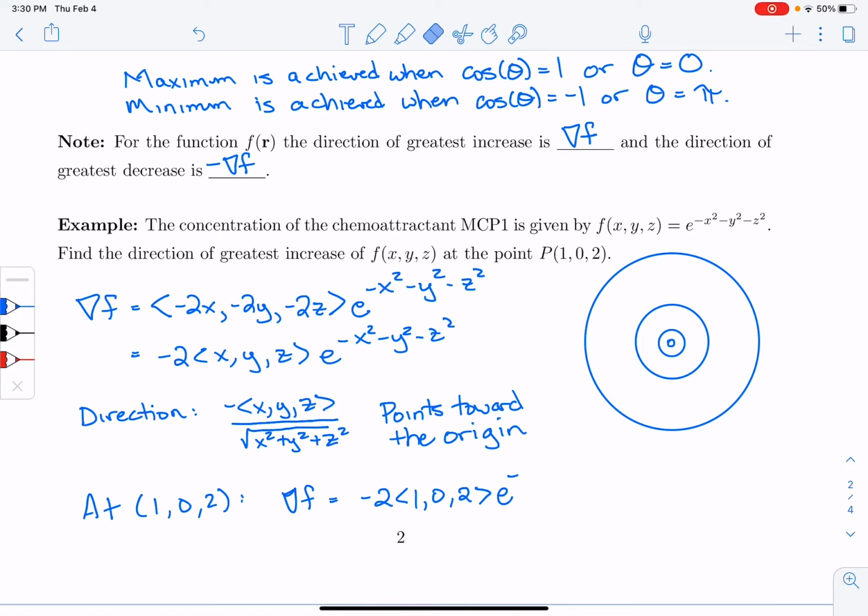So this is going to be e to the minus 5.